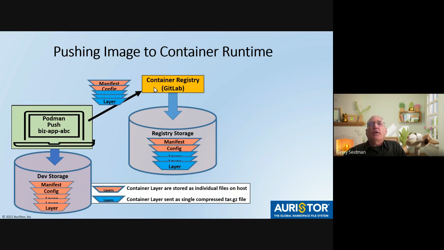But when you say podman push, it takes those files on the layers and creates a tar.gz compressed version, and that's what goes up to the container registry. And the container registry stores them. In fact, the container registry is basically an object store where, given a docker.io/library/alpine, you go to the registry and say, hey, what's the ID of its manifest?